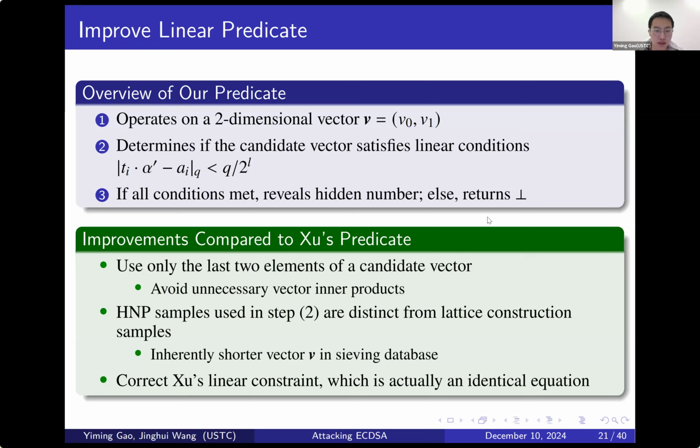Compared to Xu's predicate, we use only the last two elements of a candidate vector to avoid unnecessary vector inner products. Second, the HNP samples used in step 2 are distinct from lattice construction samples because in the sieving database, the vectors are inherently shorter. Finally, we correct Xu's linear constraints, which are actually an identical equation.